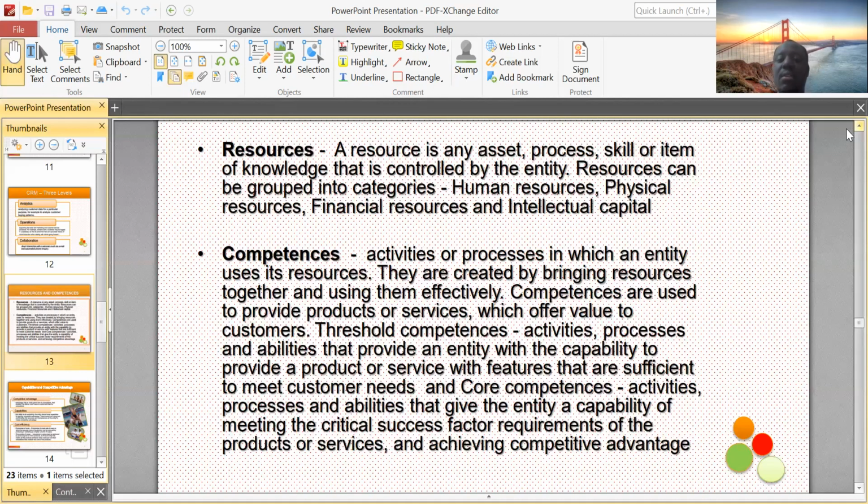So that's the difference, right? One, you have the threshold competence: product features which are just sufficient to meet the customer's need. And the core competence: products that are of superior value and help the organization to meet its critical success factor requirements as well as its competitive advantage ambitions. So I hope you get the difference.